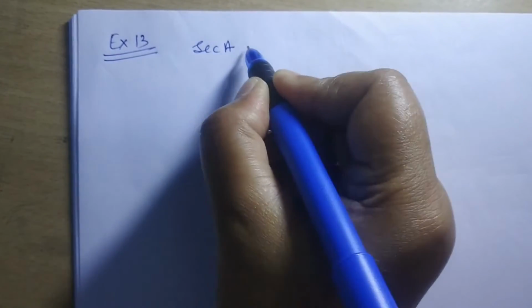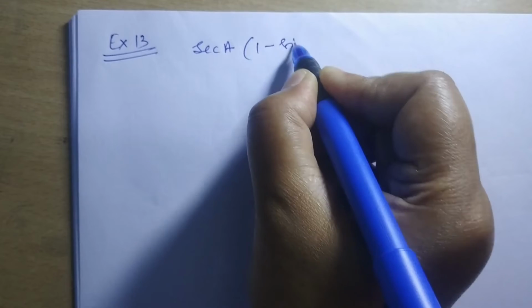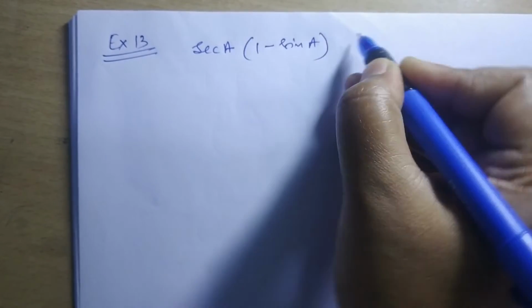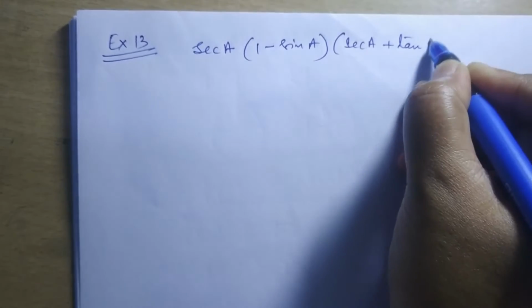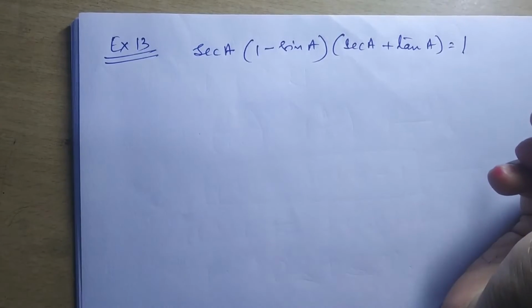Okay, now we go to the next example. It is example number 13 in your book. So what was written over there? It was written: sec A into 1 minus sin A, into sec A plus tan A, is equal to 1. This was the equation.